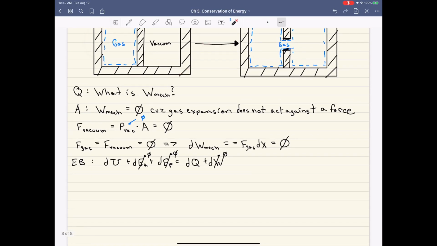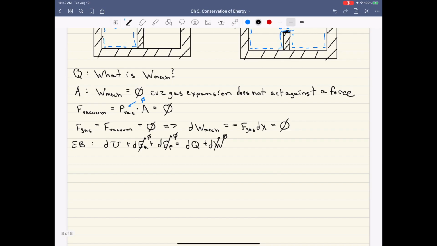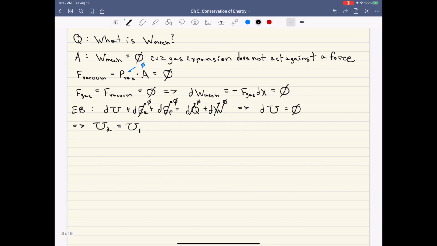There's no heat coming into or out of the system. So this is also going to be 0. So what we get in the end is that the infinitesimal change in the internal energy, or dU, is also going to be 0. And as such, the internal energy of state 2 is going to be equal to the internal energy of state 1. All right? So that's what happens in free expansion.